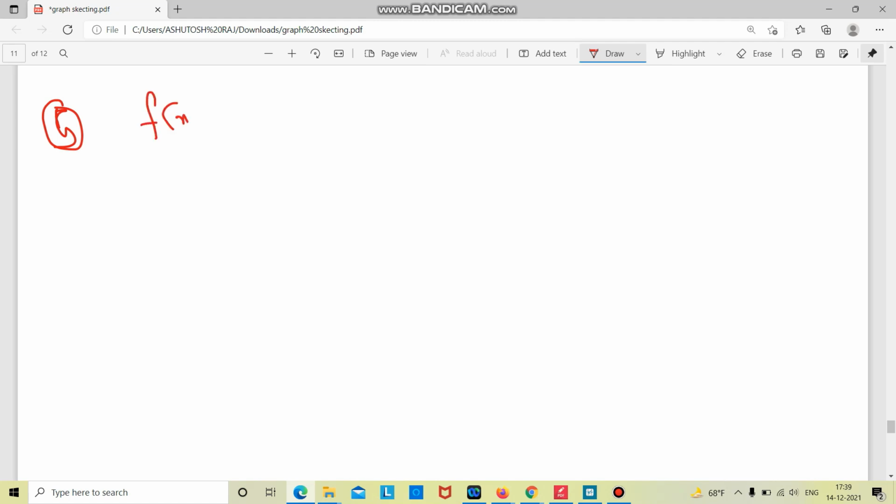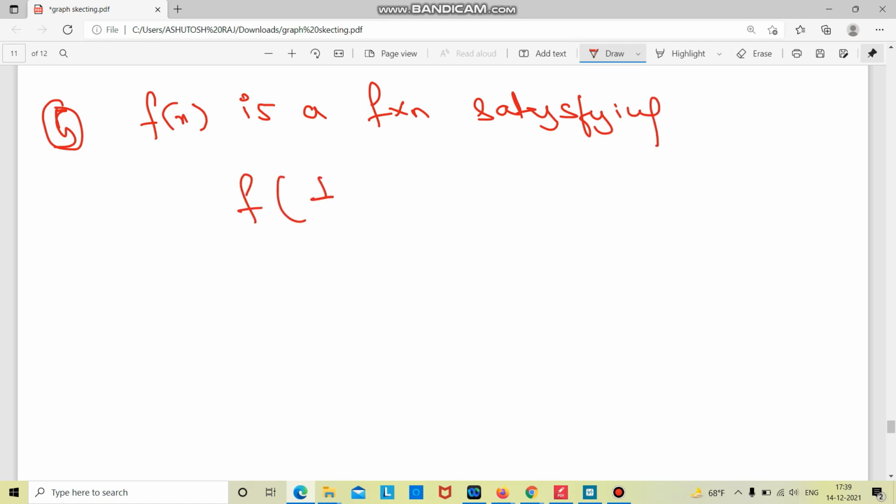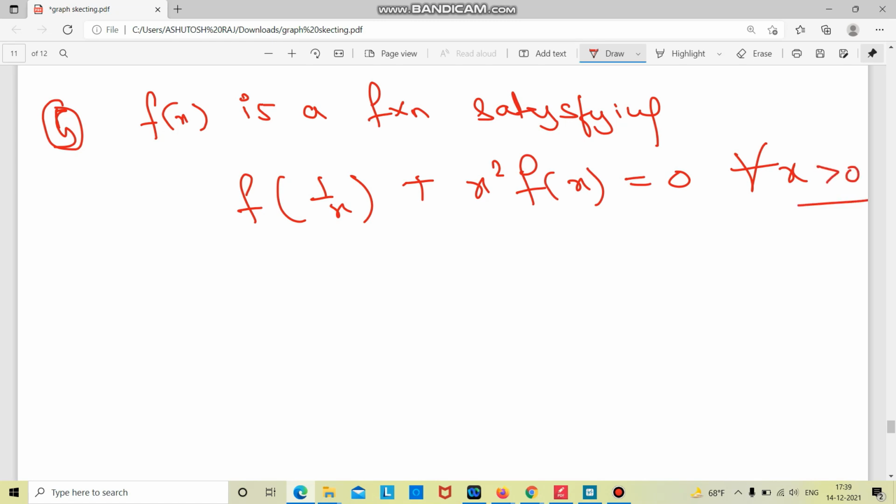It is given that f of x is a function satisfying f of 1 by x plus x square into f of x is equal to 0 for all x not equal to 0, x greater than 0.